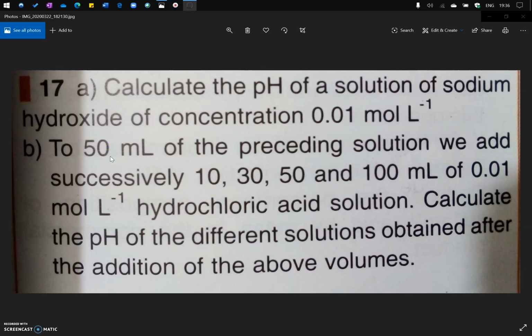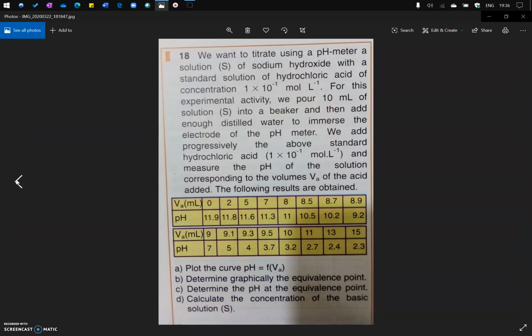And then we are left with 40 milliliters of the base, sodium hydroxide, that we can use to find the pH. In this case, 100 milliliters of hydrochloric acid, of course the solution will be acid and the pH will be below 7. So this week I ask you to try solving exercises 18 and 19. And hopefully next week we will move on to the next chapter.